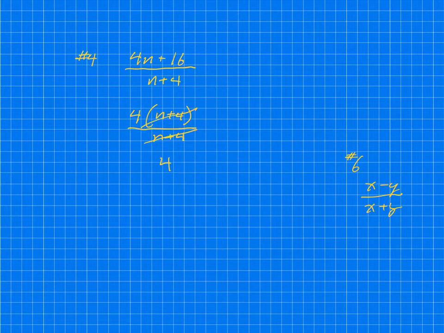If you look, the y's are opposites, but the x's are not. So that's the final answer for number 6. I'm going to erase that because I want you to be able to do that on your own and check it. So let me move on to the next problem.